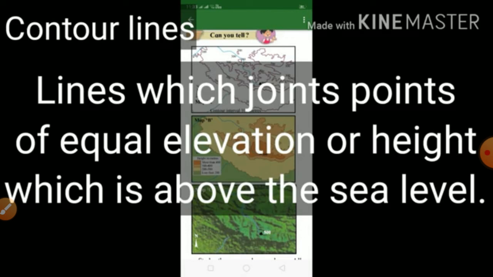A cliff is a high area of land with a very steep side, especially one next to the sea. Every fifth contour line is darker in color.